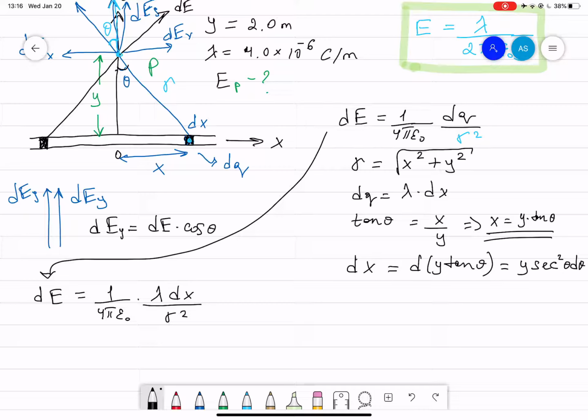So then we know that if you take this one here, x squared plus y squared, right? And we want to replace this x. This x, we'll plug it here. Then what will we get? We will get y tangent theta, all squared, plus y squared, right?